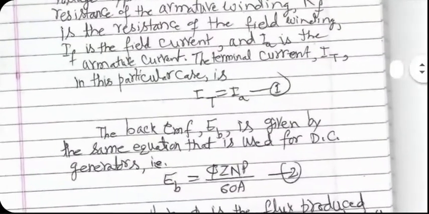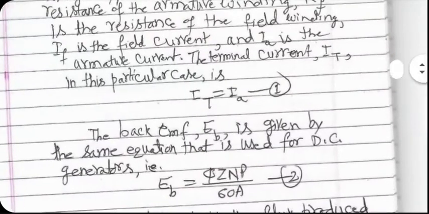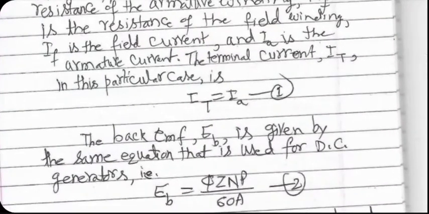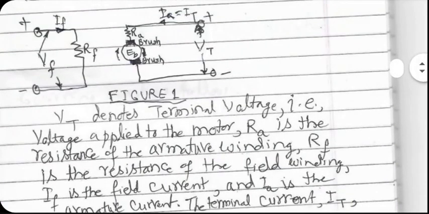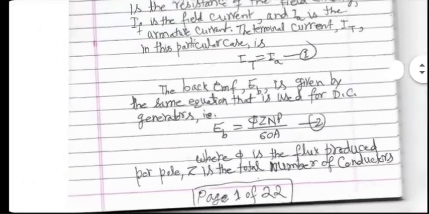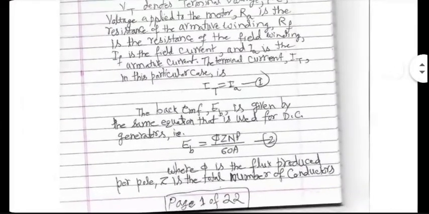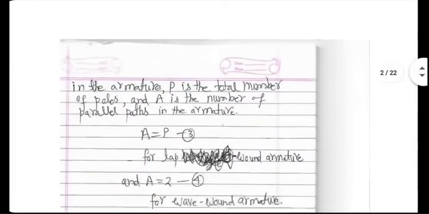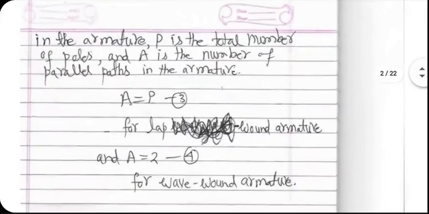The formula for Eb continues to apply for motors also. Same formula applies because the machine is the same anyway. This formula remains valid for DC motors also. The only difference is now Eb will be lower compared to Vt. And of course, these things continue to apply.